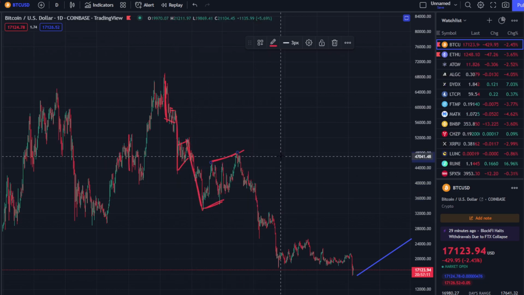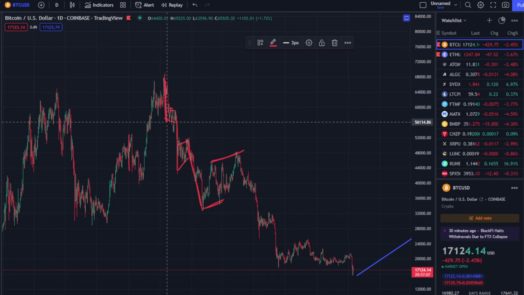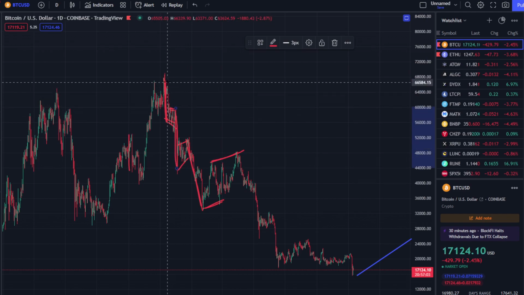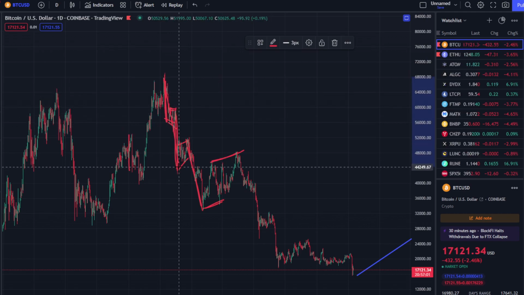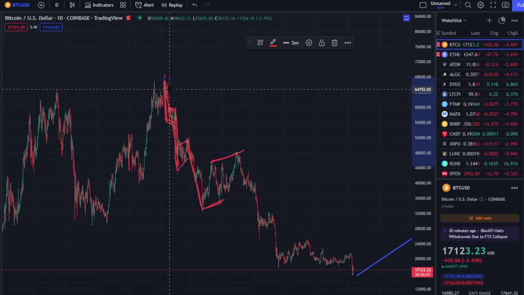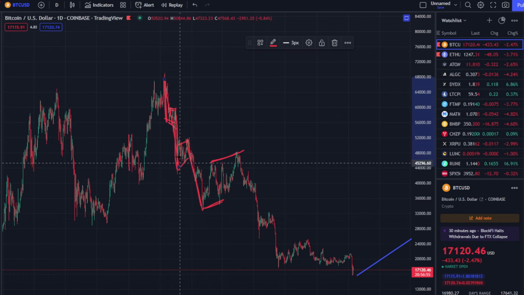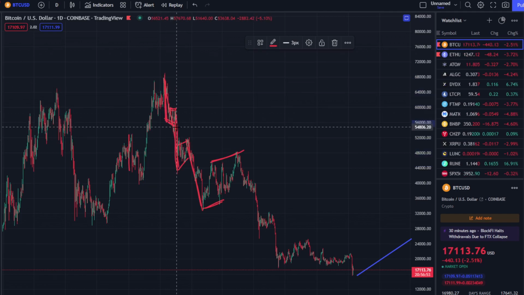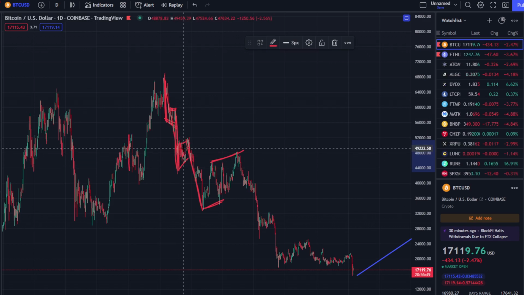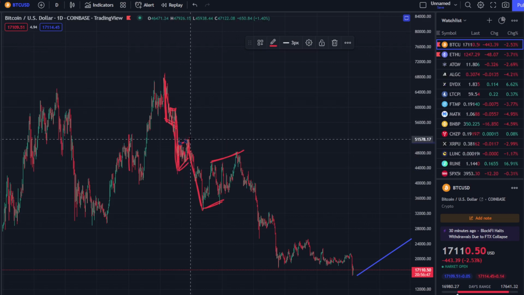So now the second point that I want to talk with you guys is that whenever you get an impulse and a correction, and another impulse, obviously, all this becomes an impulse, and all this will need a bigger correction in order to simply correct this impulse. So for example, we had this small impulse, this small correction, another impulse, so we've got to see a bigger correction, then another impulse.